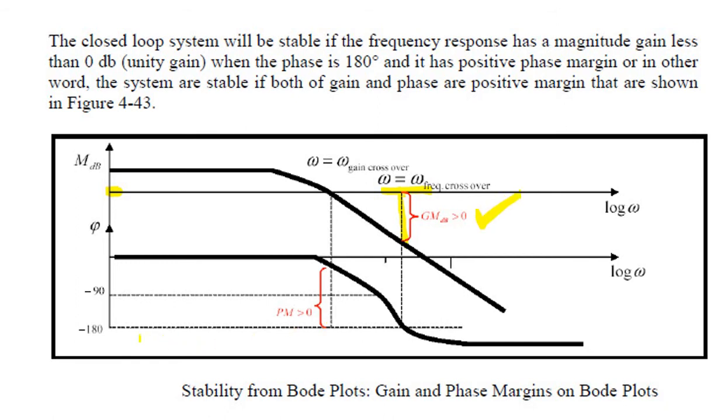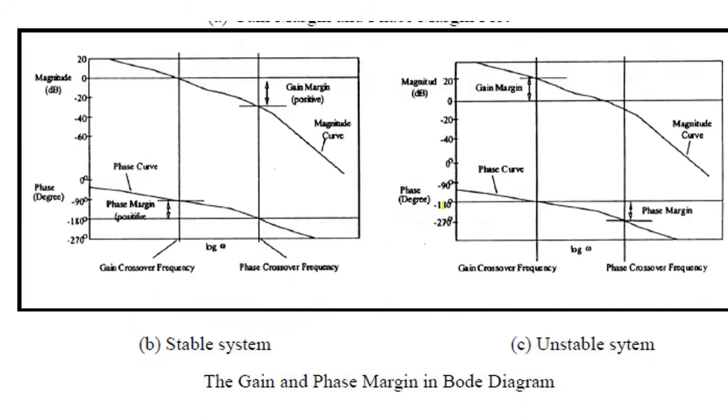And if the phase margin value is greater than 180, going up here until this is 0, the system is stable. So how do we indicate that the system is stable or unstable? As mentioned previously, if the gain margin is below 0 dB here, this is a stable system. If the phase is greater than 180 here, the system is stable.